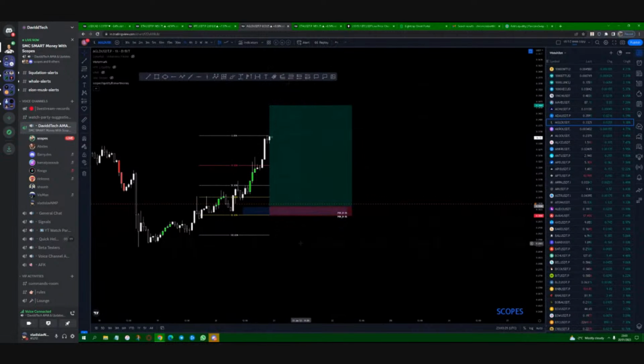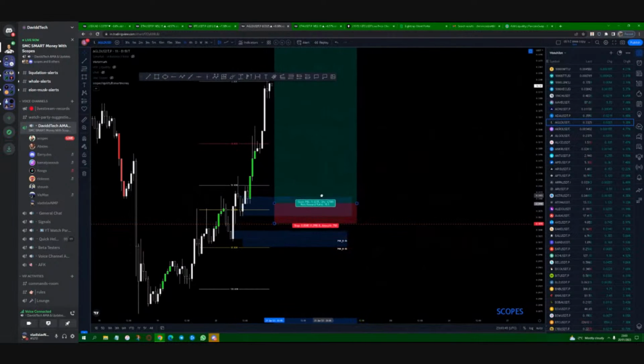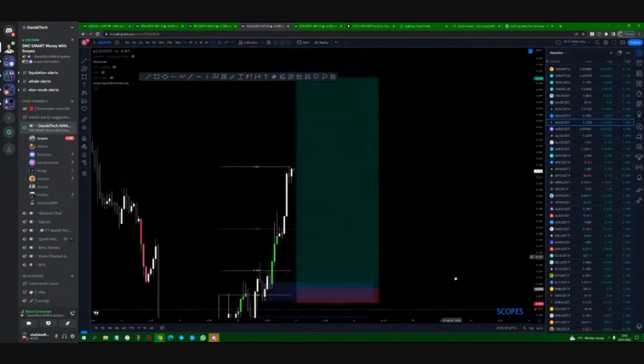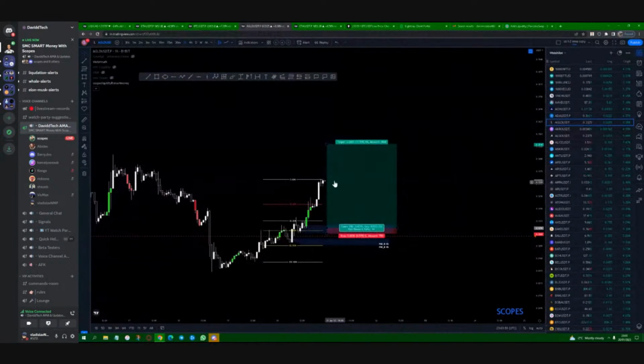That POI I've just moved that fib, that was the POI I had marked out, and now the POI has moved to here. That's what I'd be looking at now, but you don't know until it starts the pullback.